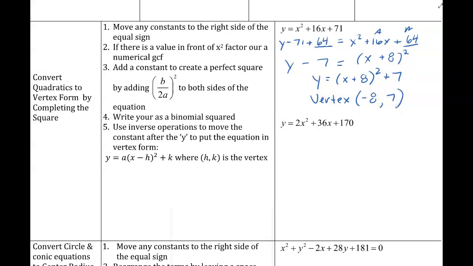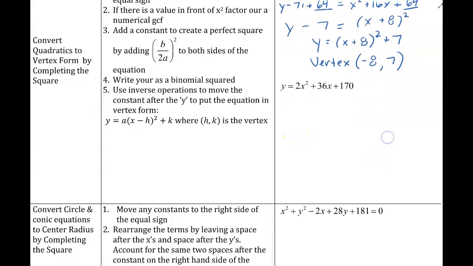So there's my vertex. Now sometimes we have a leading coefficient of something other than 1 before the x squared. That's okay. We're going to start out in the same way by subtracting over the 170. So we would have y minus 170 plus blank equals, and then I'm going to factor out the numeric GCF between my two remaining terms.